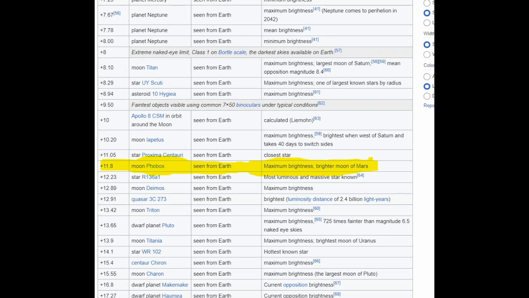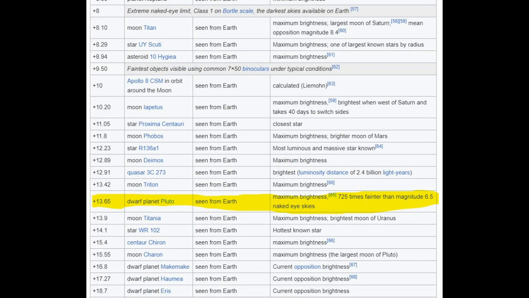With a 72mm aperture, we could just about see Phobos, one of the brighter moons of Mars. And with a 125mm aperture, we would just about be able to see Pluto. Mind you, all these are just little dots of bright light in the sky.